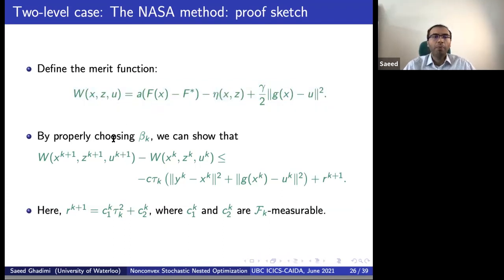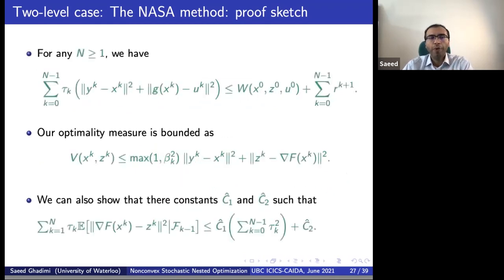Then we show that by properly choosing the step size beta k, we can get this recursion. So wk plus 1 minus wk is bounded by this term. Here rk is an error which is fk measurable. By showing this and summing up all of those inequalities, we can get this inequality.